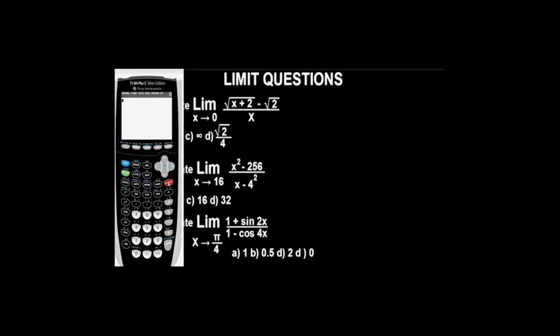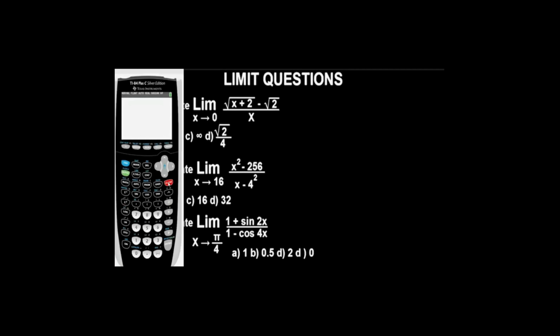Now the next thing you have to do is to ensure that the calculator is in radian mode. There are two things here. If the limit is tending to a real number without a trig function involved, you can solve it in degree mode and you'll be on the safe side. You'll get the right value.